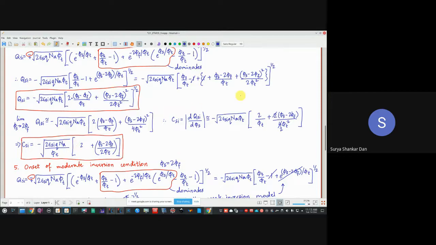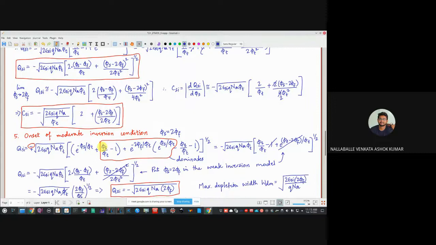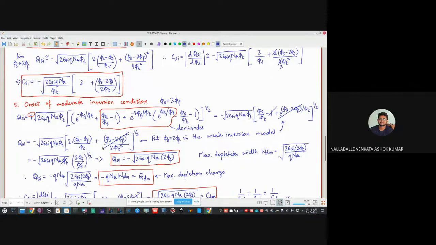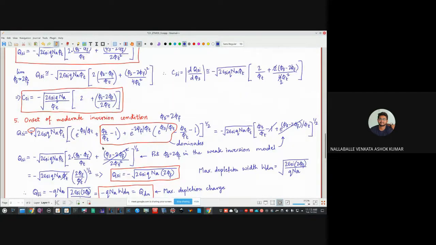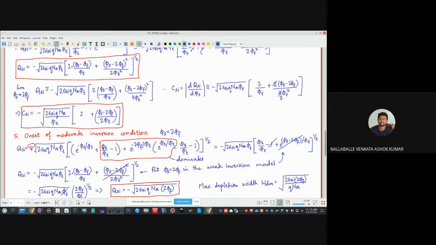Any other mistake here? Let's check. Yes, sir. The same approximation you have taken for the onset of moderate inversion also, there has to be a change. This is your QSi, right? In the limit when phi s is 2 phi f.